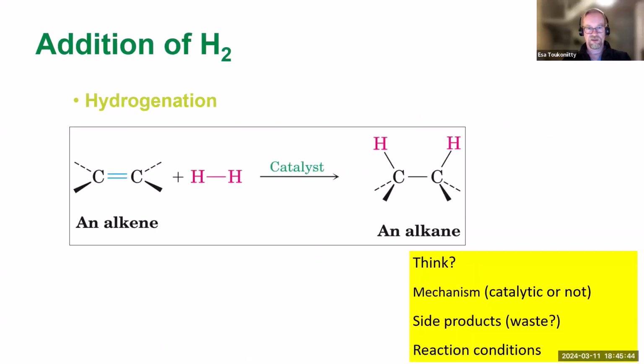In simple terms, if you have a double bond and you add hydrogen, you remove the double bond and make this saturated alkane instead of alkene. There's only one letter difference, E instead of A. But this often requires a catalyst to happen.